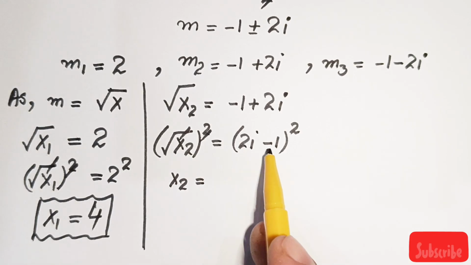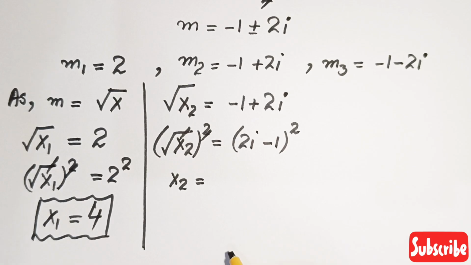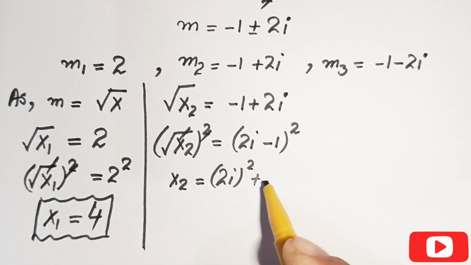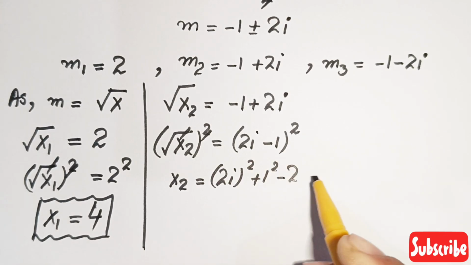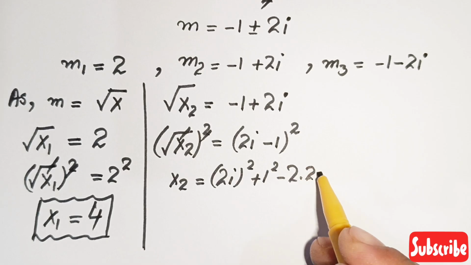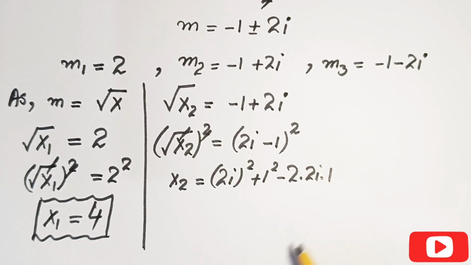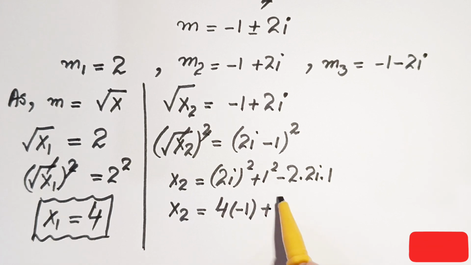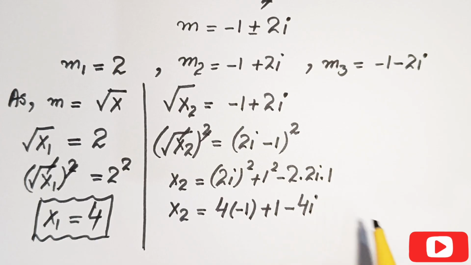We get x2 is equal to, using the algebraic formula a minus b whole squared equals a squared plus b squared minus 2ab, 2i whole squared plus 1 squared minus 2 times 2i times 1. So x2 is equal to 4i squared, and i squared is minus 1, plus 1 squared is 1, minus 2 times 2 is 4i.